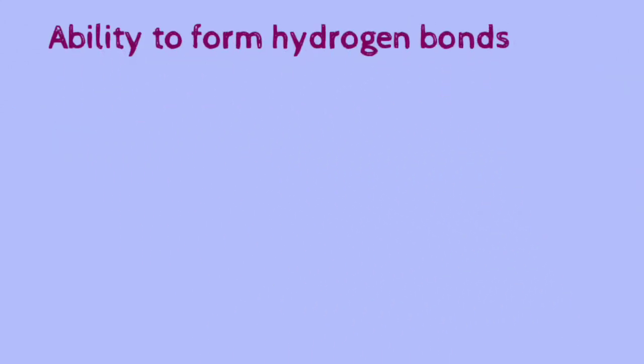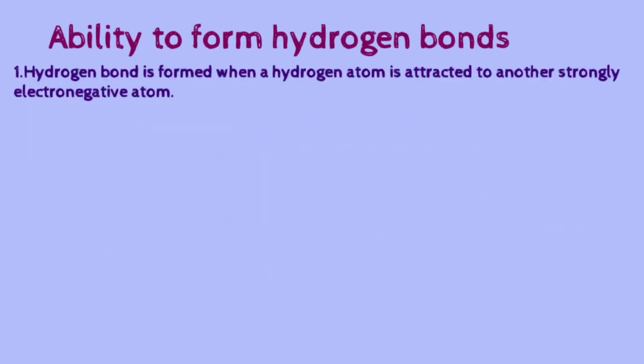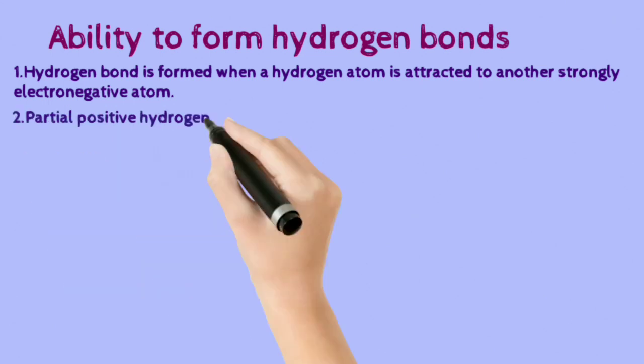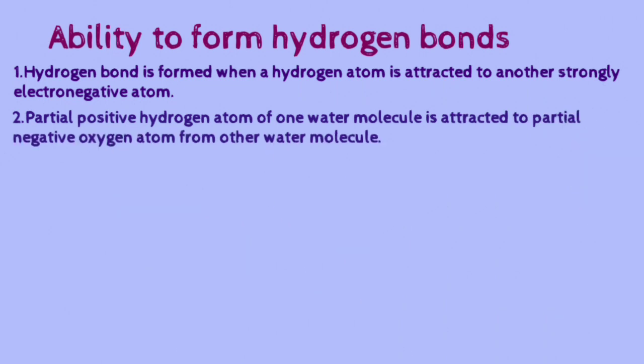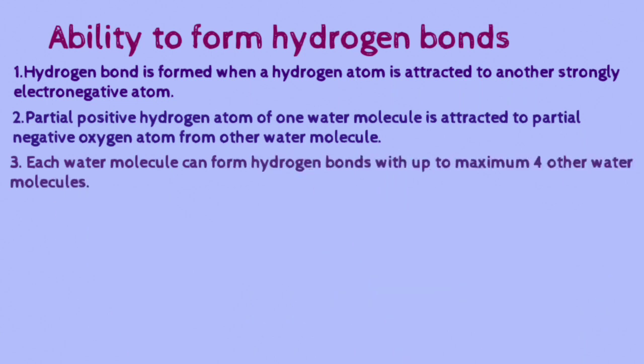Then we will look at the ability to form hydrogen bonds. First, a hydrogen bond is formed when a hydrogen atom is attracted to another strongly electronegative atom, for example, fluorine, oxygen, and nitrogen. Second, the partial positive hydrogen atom of one water molecule is attracted to the partial negative oxygen atom of another water molecule.